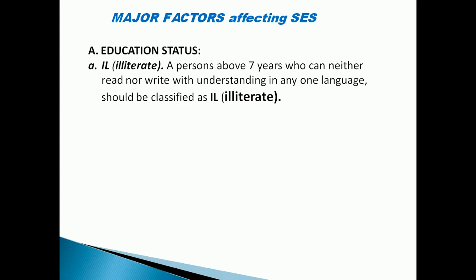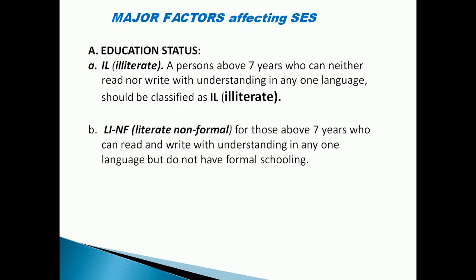Understand? Okay, good. So coming to who is called literate non-formal: persons above 7 years of age who can read and write with understanding in any one language but do not have formal schooling. He doesn't go to school for any education purpose.